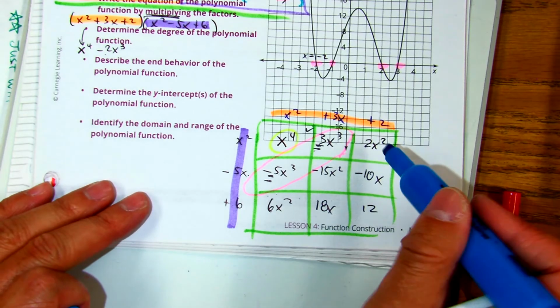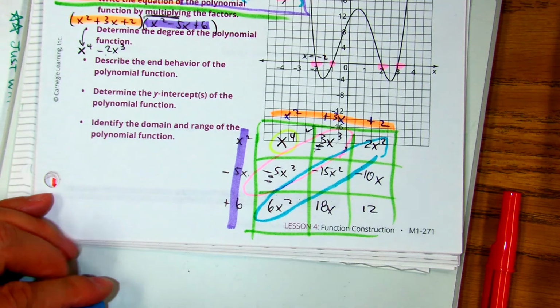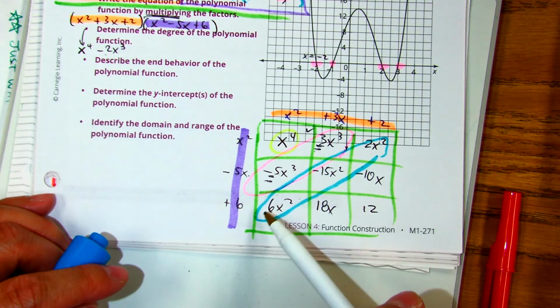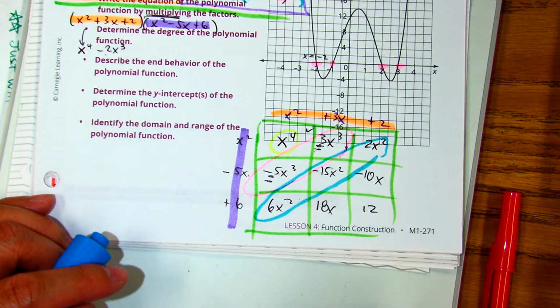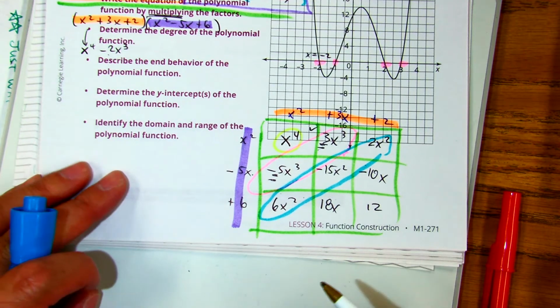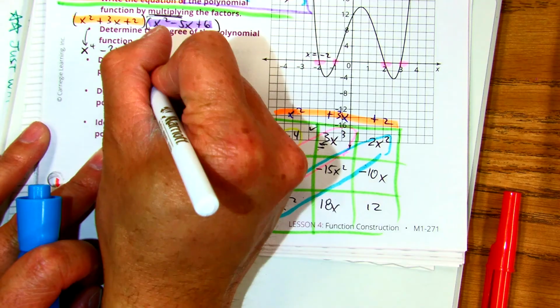These three are like terms. Six plus 2 and 8 minus 15. Good. Negative 7x squared.